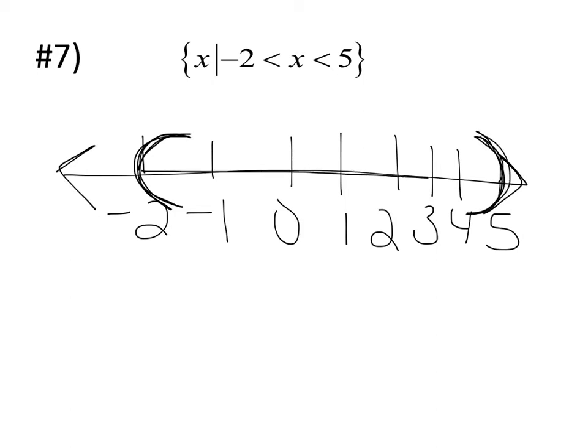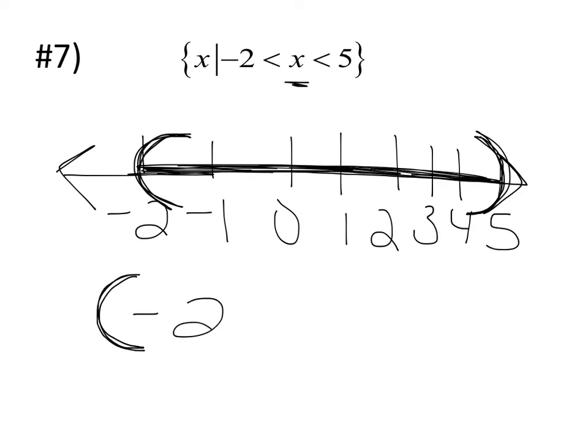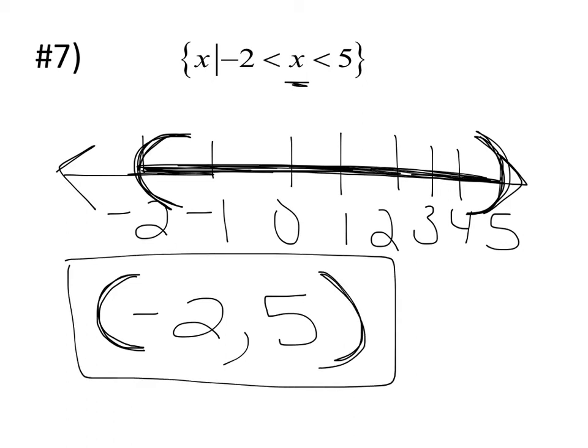And I'm going to be in between these two, because here x is between -2 and 5, so I'm going to shade in between -2 and 5. So like I read a book, parenthesis at -2, comma, 5, and parenthesis at 5. And that's your answer.